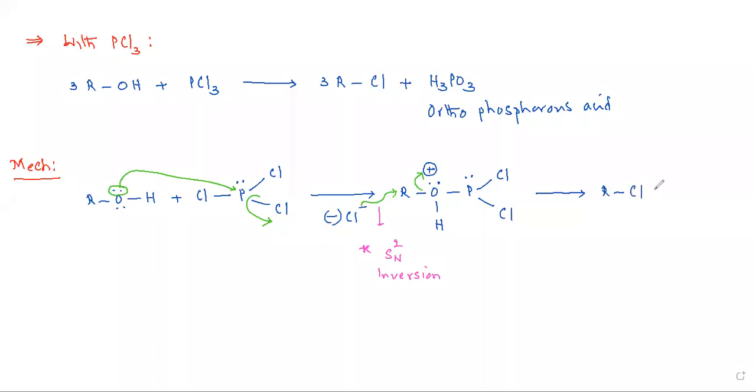We get alkyl chloride, along with that, see, chlorine, then of course the phosphorus with one OH group. Okay.